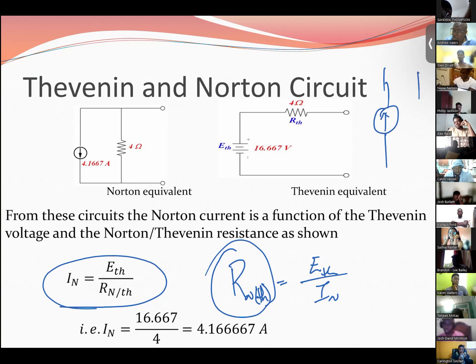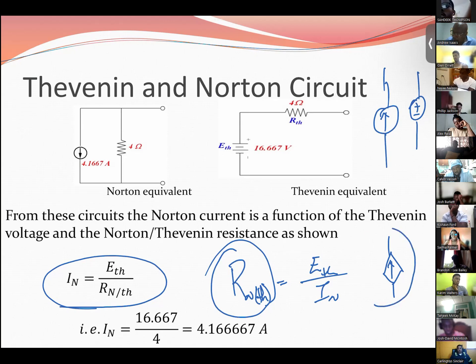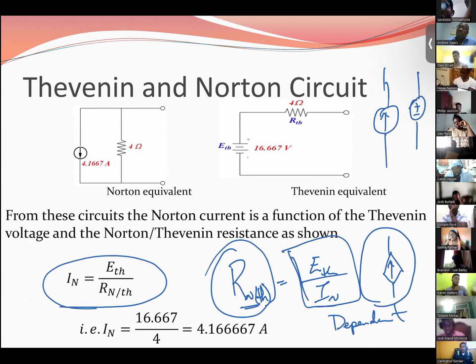You also know the internal impedance of an independent voltage source. However, when it comes to the dependent sources, you have absolutely no clue what the internal impedance is equal to. And it is for that reason that once a dependent source is included in the circuit, you are mandated to find I Norton and E Thevenin in order to find R Norton.